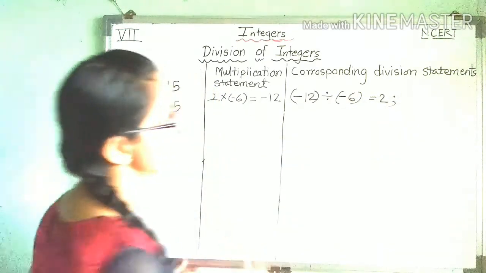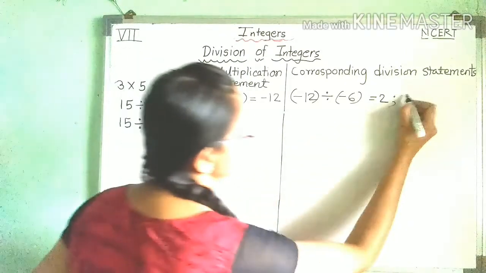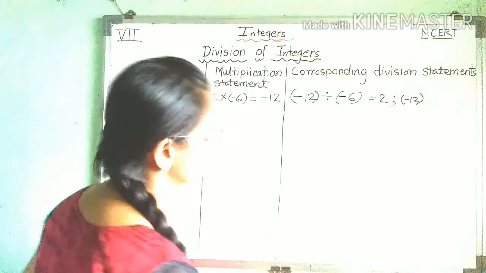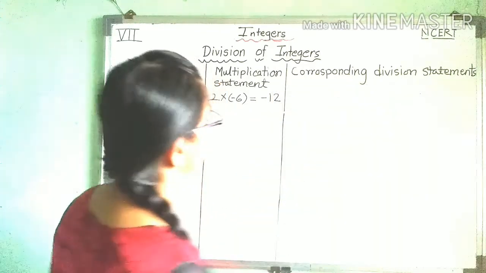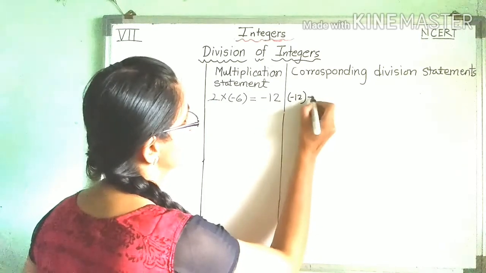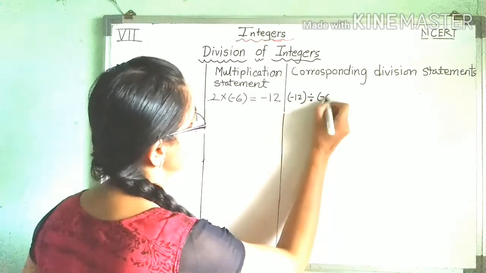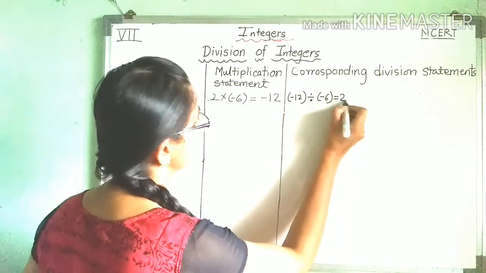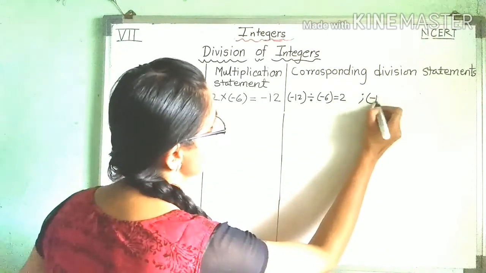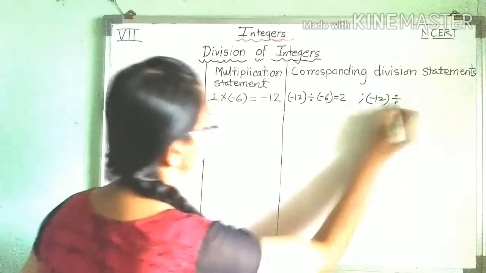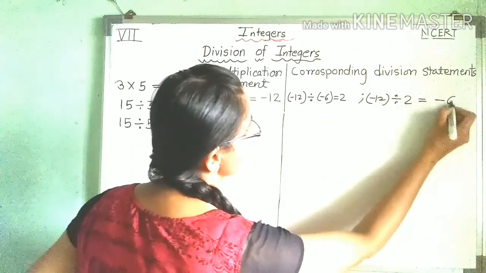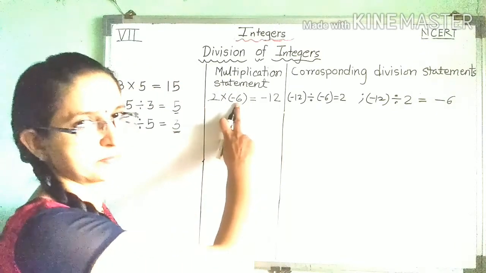Now the second division statement is again minus 12 divided by minus 6, it gives 2. The second division statement is minus 12 divided by this 2, it gives minus 6, that is this number.